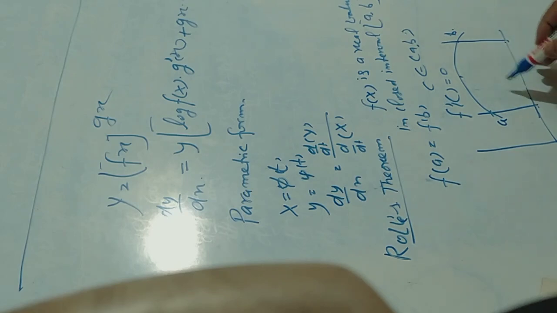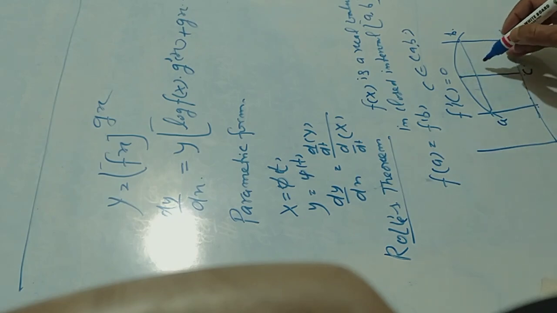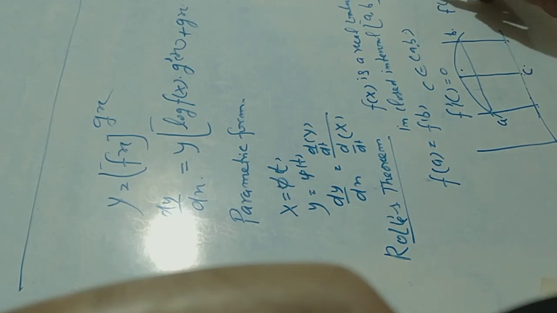So the interval is a and b, and this point is c. c lies here, okay. So a and b form a closed interval. In that case, these two values are equal. This is the point c, f(c). So f'(c) is equal to 0. This is the concept.